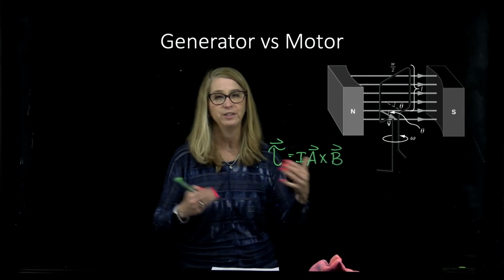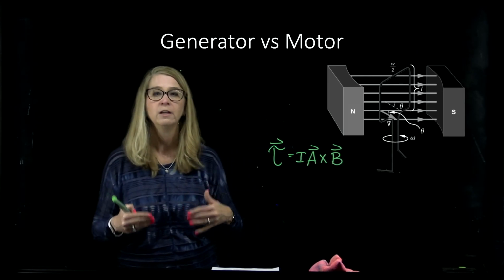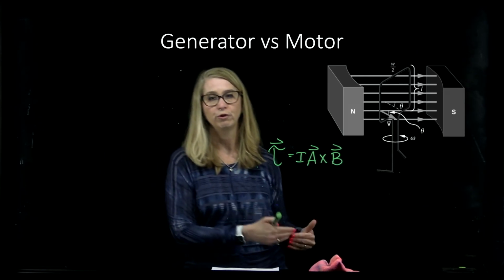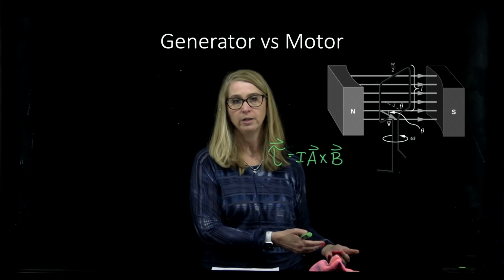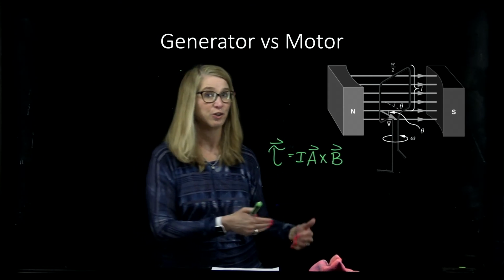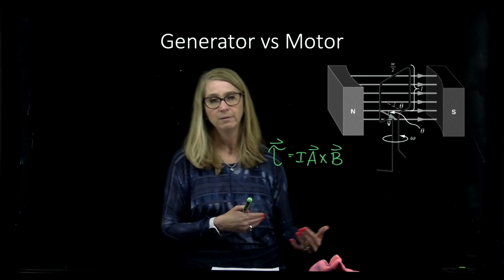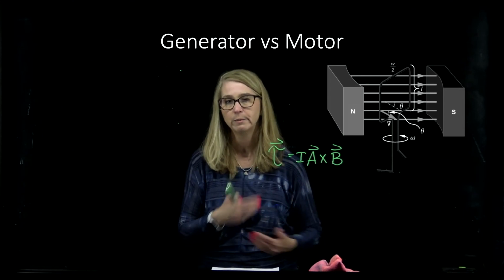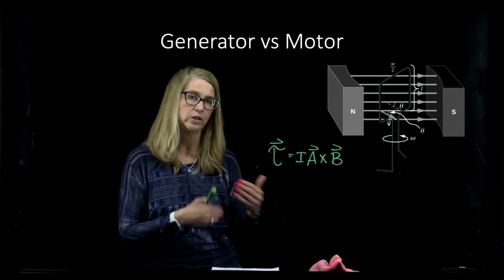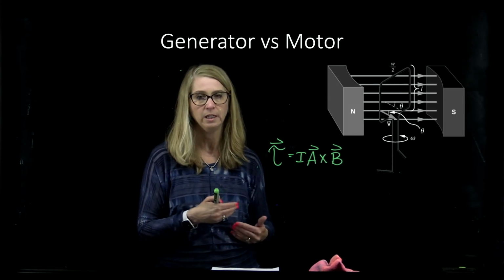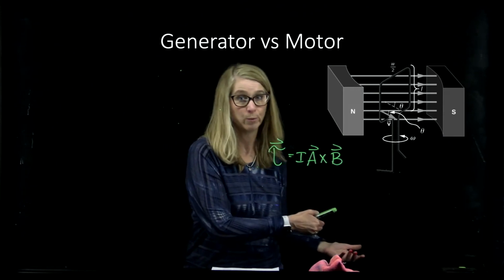So if we did the opposite, instead of turning the loop to create electricity and current, we could send current through the loop. The loop will feel a torque as it's in the magnetic field, which will cause it to spin.